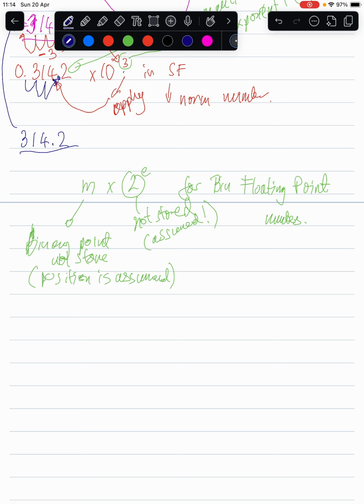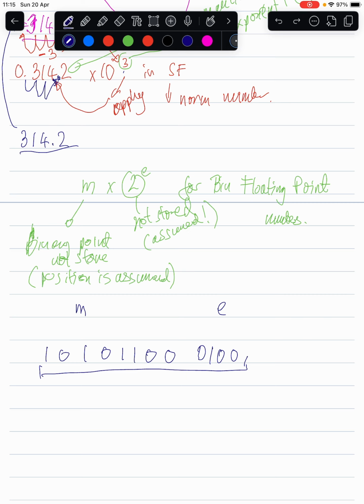So a binary number, a fractional binary number, might look like this: 1 0 1 0 1 1 0 0, and here we have 0 0. Actually, let's do 0 1 0 0, and this number would all potentially be stored together without a gap here.